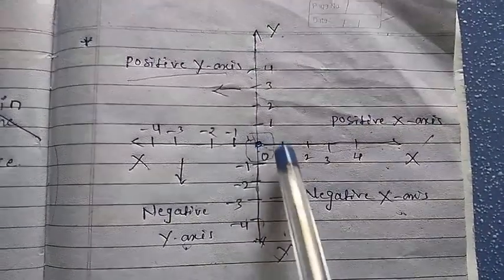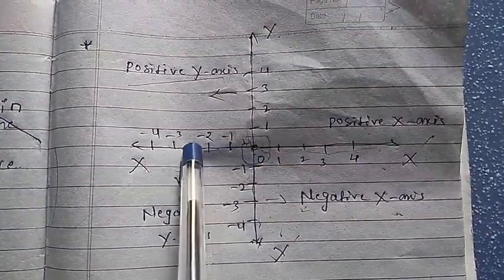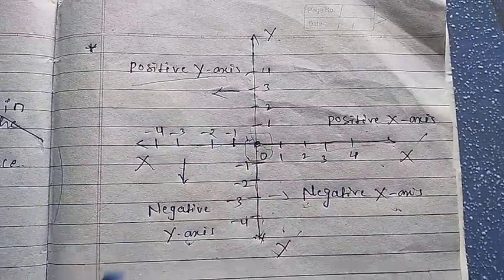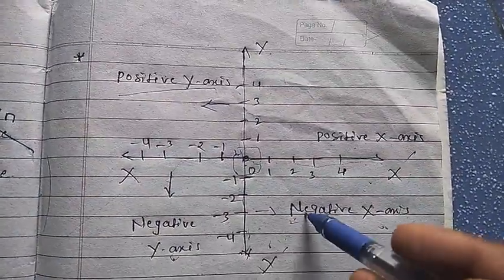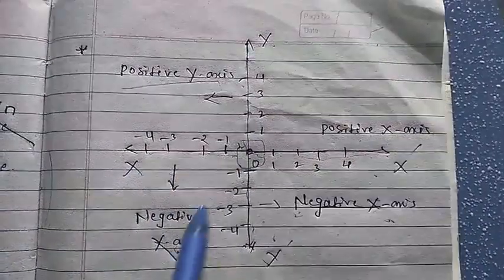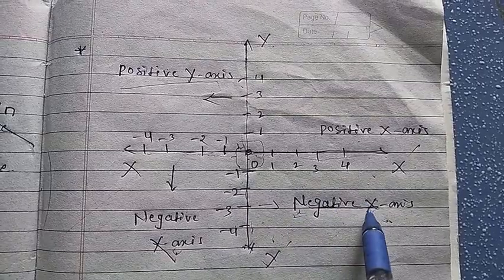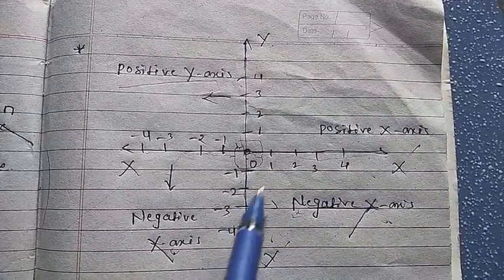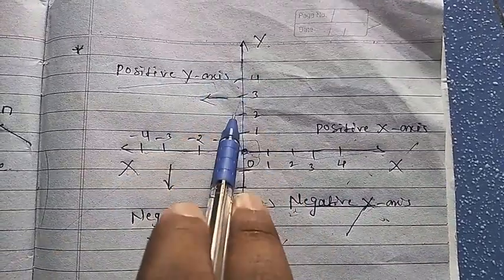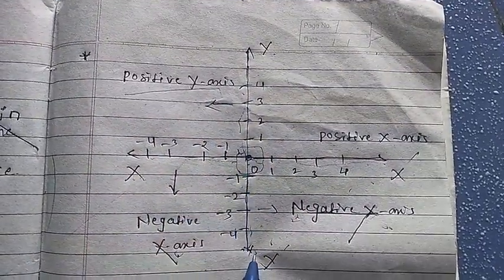Remember, this line is called the negative x-axis, and this is the negative y-axis. Clear? Positive x-axis, negative x-axis, positive y-axis and negative y-axis.